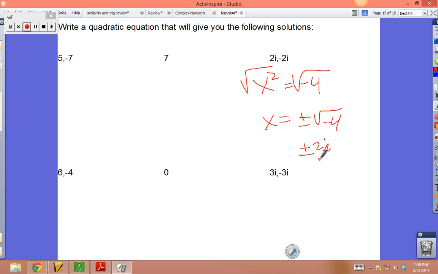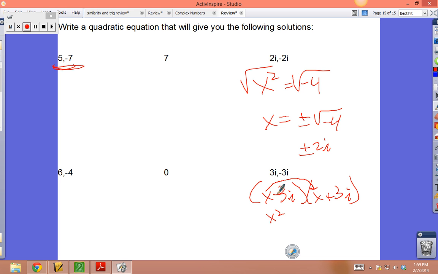What about this one? What about 3 imaginaries, negative 3 imaginaries? Look, you can do these the exact same way we did this guy right here. You can do x minus 3 imaginaries times x plus 3 imaginaries. What's x times x?